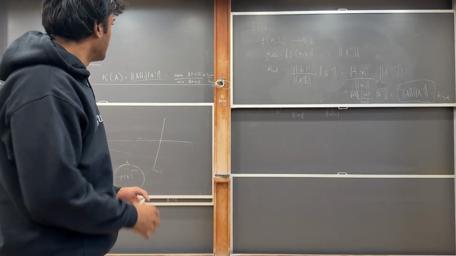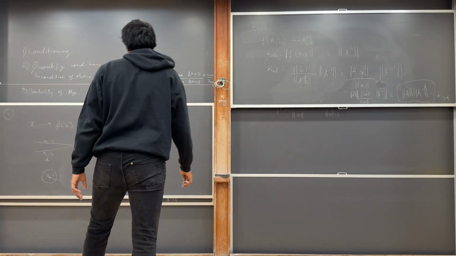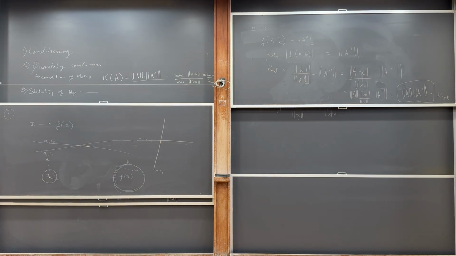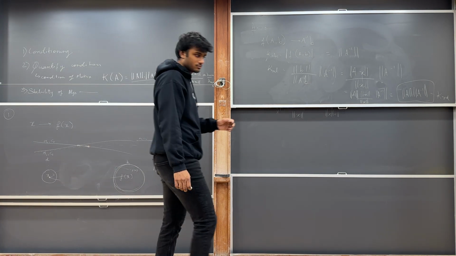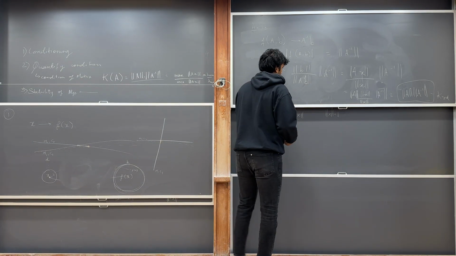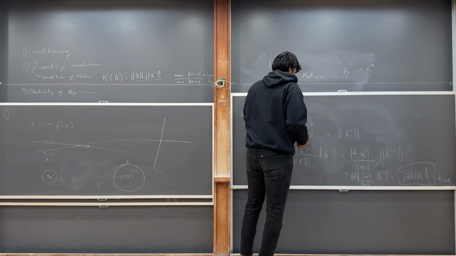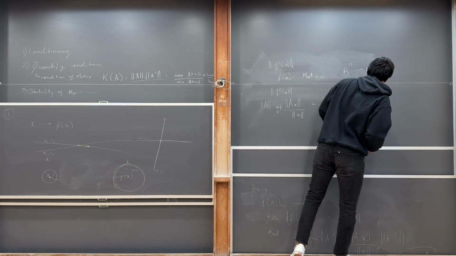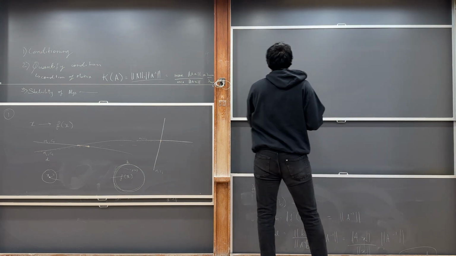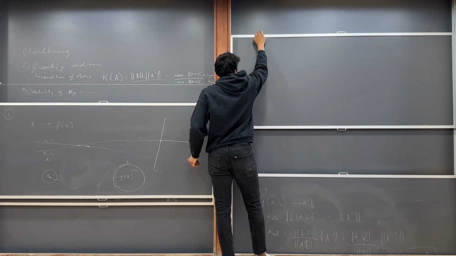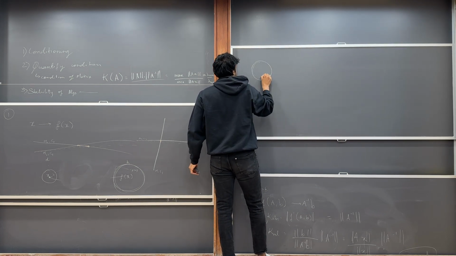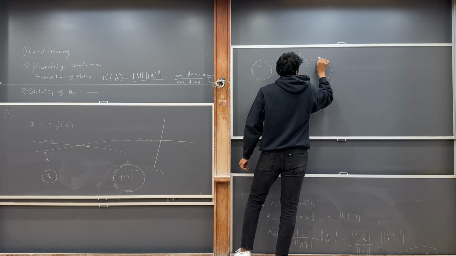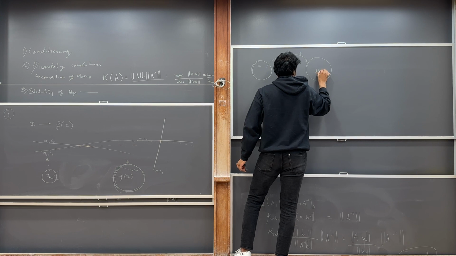Now we move from analysis of the problem to analysis of the algorithm, the stability of an algorithm. This is what we are going to talk about next. For example, if I have an input set X, my function maps it to f of x.